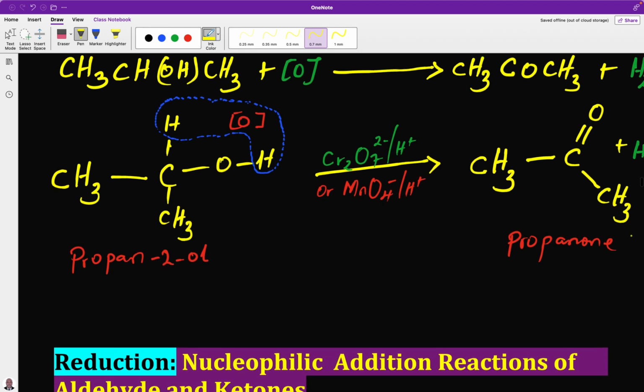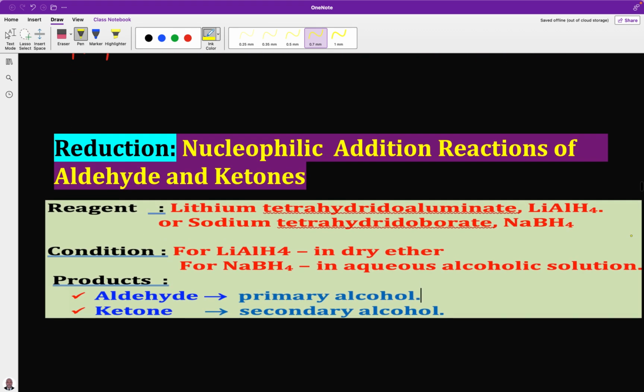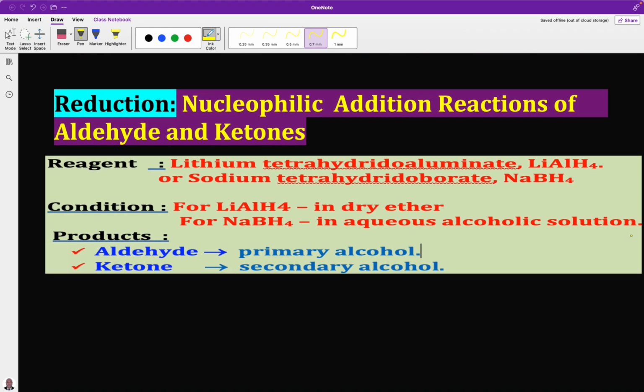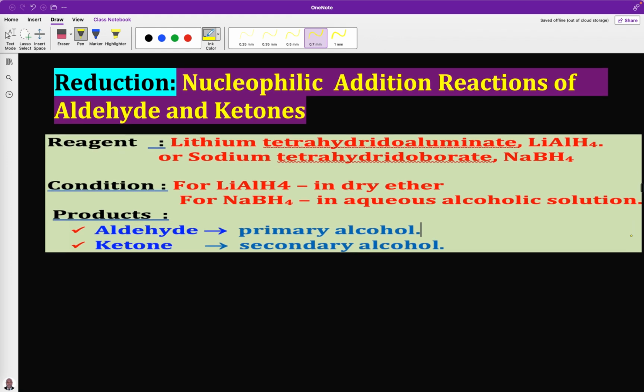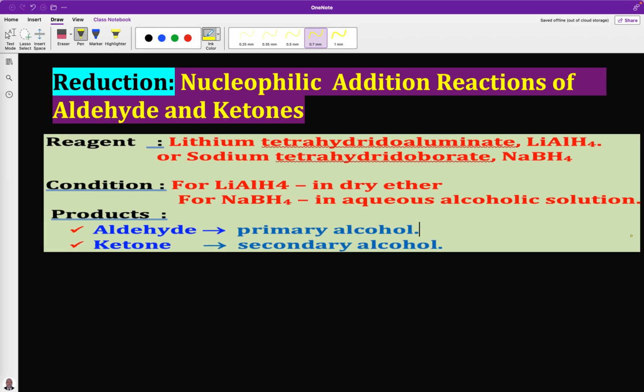We now go to reduction of aldehydes and ketones. You know very well, reduction is the reverse of the oxidation reaction.